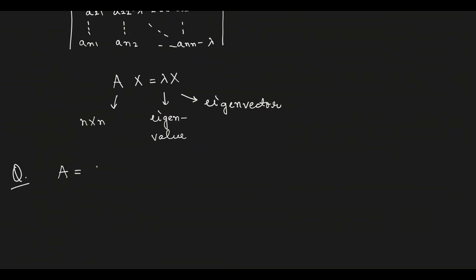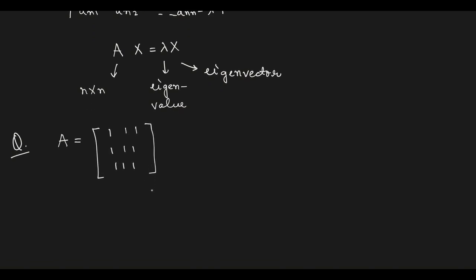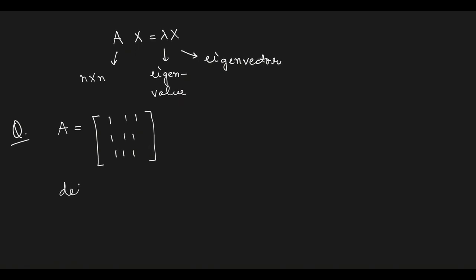For example, if I have a matrix of order 3 cross 3, so if I simply find the determinant, after that I will discuss tricks also. Determinant of A minus lambda I equal to 0. This will be 1 minus lambda, 1, 1, 1, 1 minus lambda, 1.